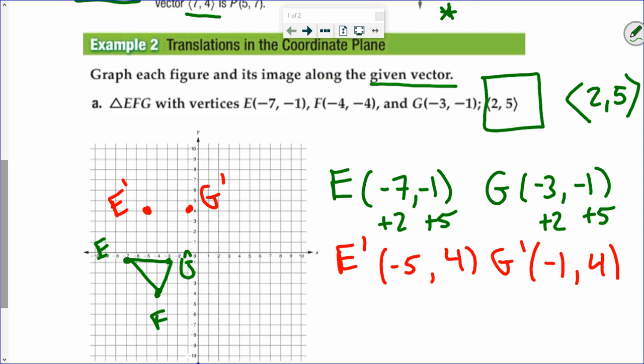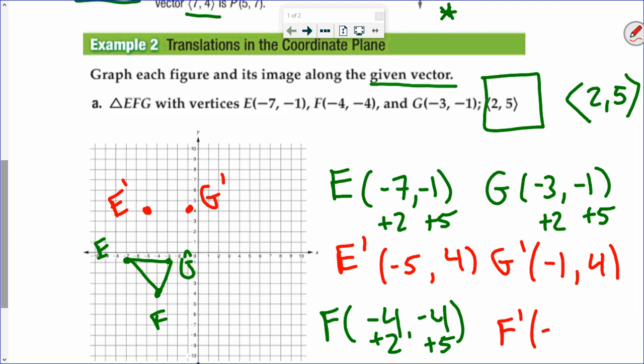And then lastly, point F. Point F was at (-4, -4), and let's move that. We again add 2 to the x value and add 5 to the y value. So we get F prime: -4 plus 2 is -2, and -4 plus 5 is 1.